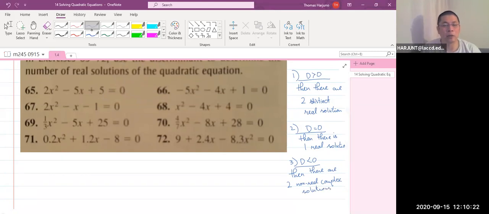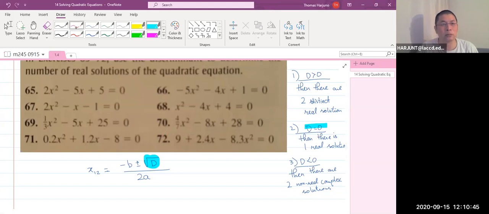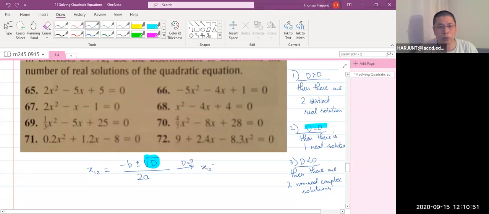How do you explain that? Why is that true? Now take a look at the solution. x1,2 equals negative b plus minus square root of the discriminant over 2a. Now imagine if the discriminant is 0. The square root of 0 is 0, right? So x1,2 equals negative b plus minus 0 over 2a. But that's basically negative b over 2a, only one solution.